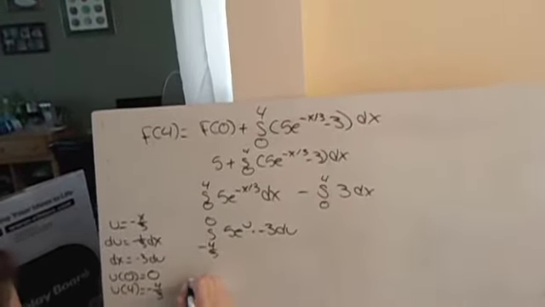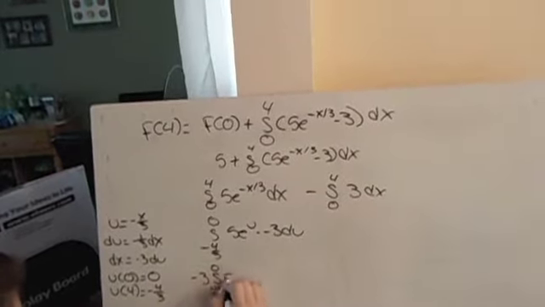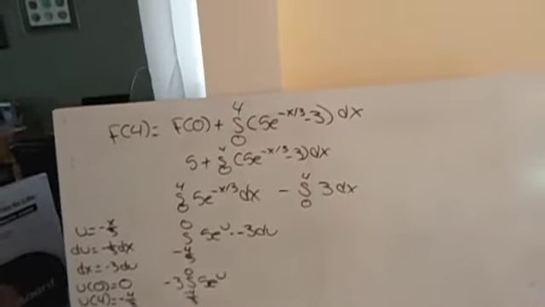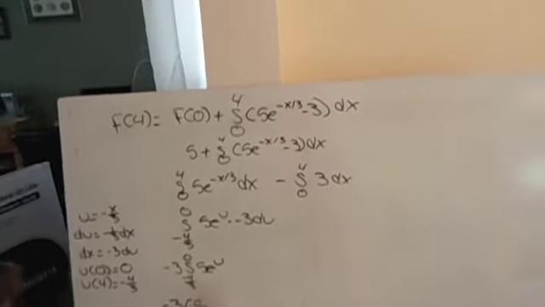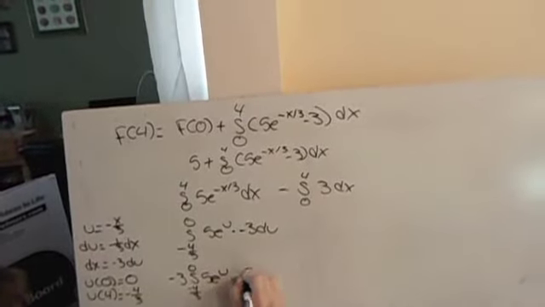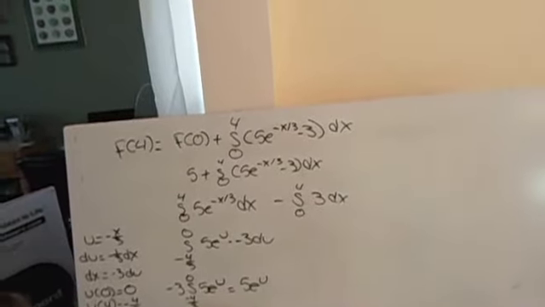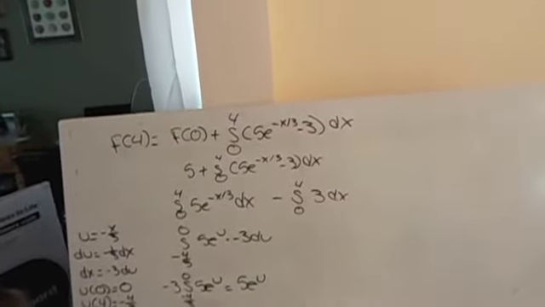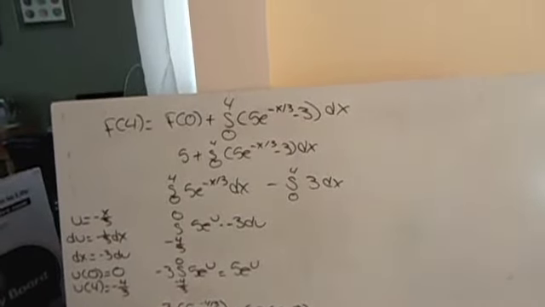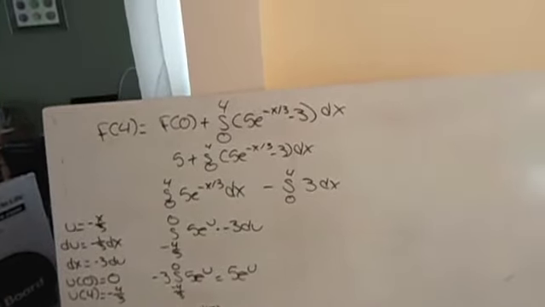And we move the negative 3 to the front, and the integral is still 5 e to the u. Now we're going to solve the integral. So it becomes negative 3 times 5 e to the negative 4/3, minus negative 3 times 5 e to the 0. The first part becomes negative 15 e to the negative 4/3 plus 15.